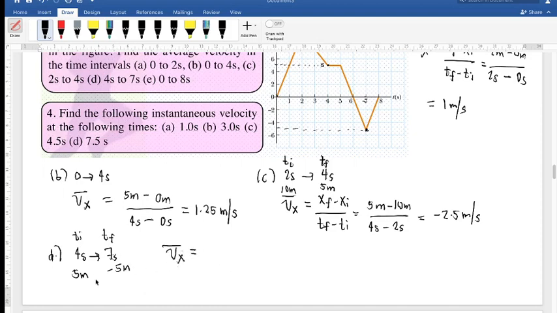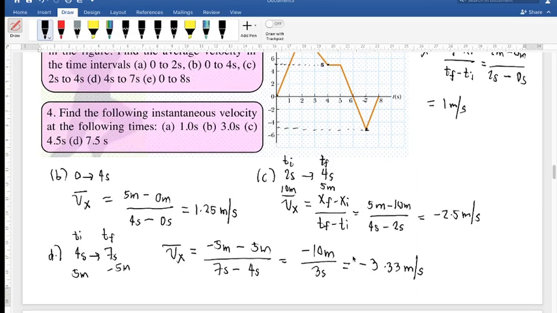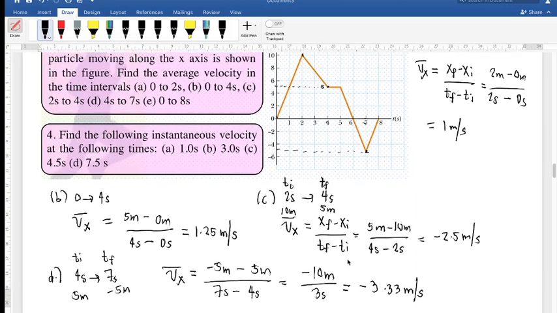We have the final position, negative 5 meters, minus the initial position, 5 meters, divided by the final time, 7 seconds, minus the initial time, 4 seconds. So negative 5 minus 5 is negative 10 meters divided by 7 minus 4, 3 seconds. So the average velocity for the time interval is equal to negative 3.33 meters per second. Meaning the particle is moving again in the negative x direction. Okay?